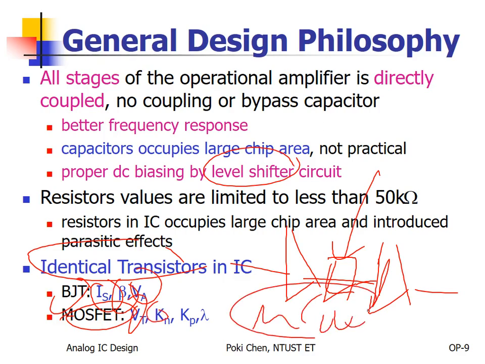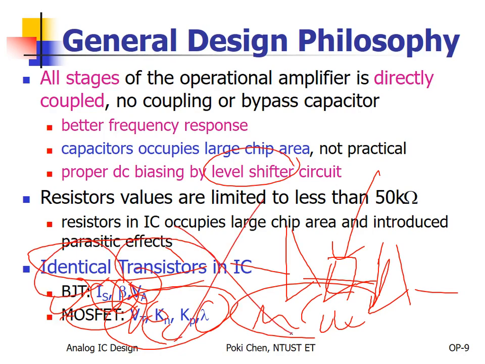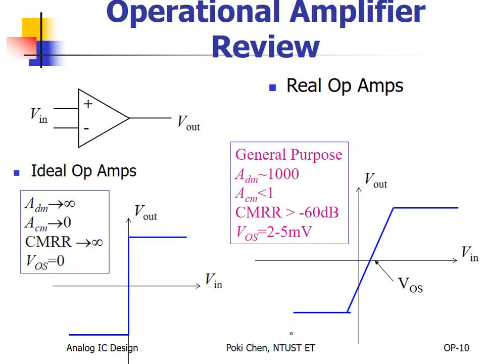Okay, all of them need to be the same. And lambda for channel length modulation. All those parameters need to be the same to make the transistors exactly the same with each other. Okay, that is in theory. In practice, no. We can only try our very best to make them about the same, but not exactly the same. Okay, this is some kind of review from microelectronics.